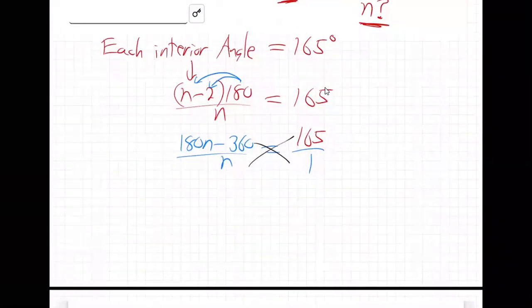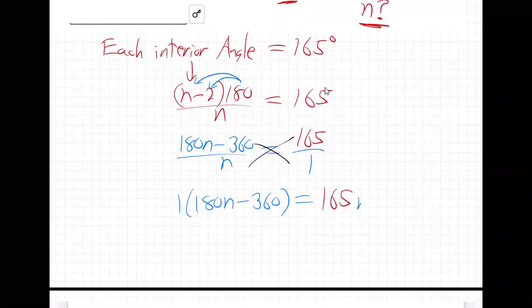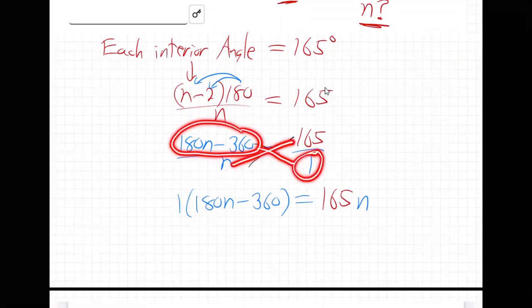And so you get 1 times 180n minus 360 equals 165n. Does that make sense what I did on that step? I just went diagonal. So I just took this times the 1, and then I did the other two.